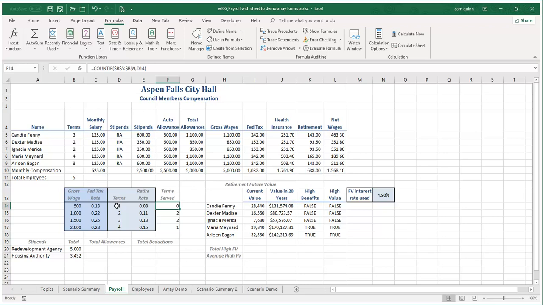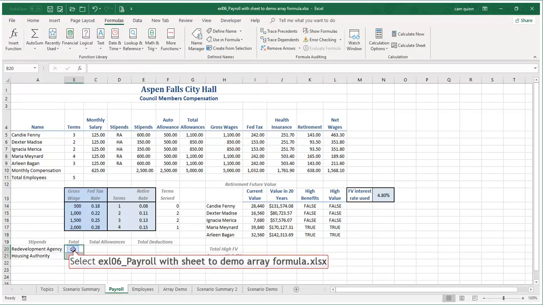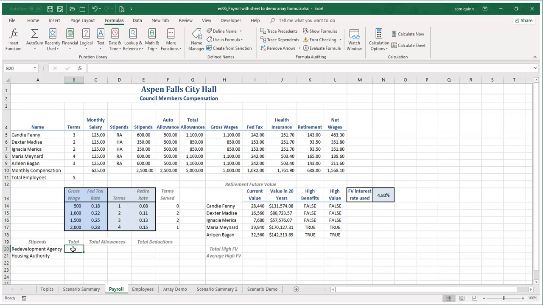All right, so click on B20. I'm going to get rid of the ones that I put in here because I put them in the wrong spot. So what I want to know here is my total allowance, or total stipends.